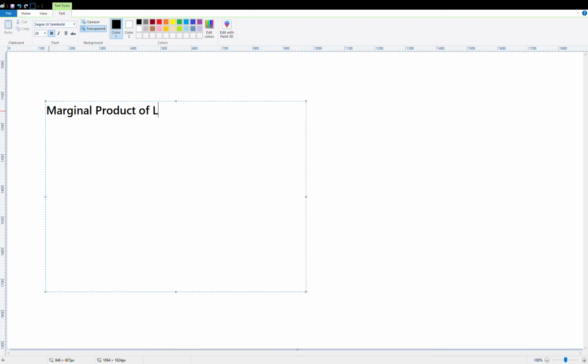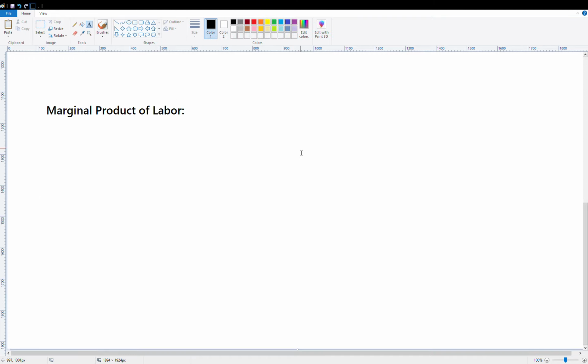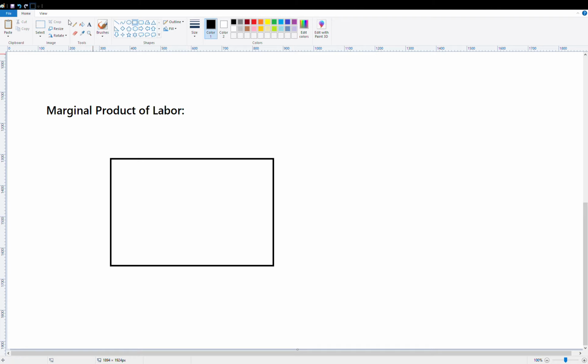Marginal product of labor is basically the increase in the amount of stuff being produced if you add one unit of labor. So if I have a graph right here, if I add one person, a worker, they're going to produce a number of goods.